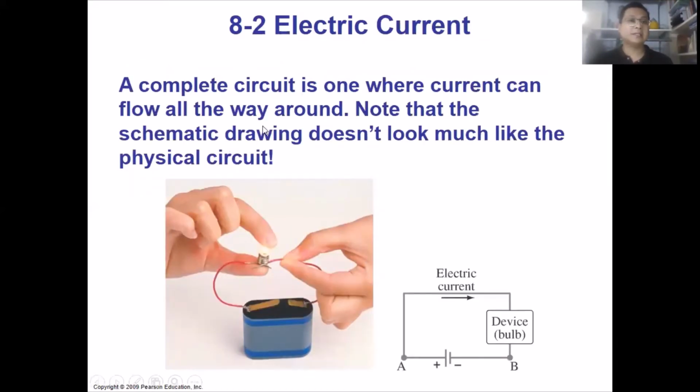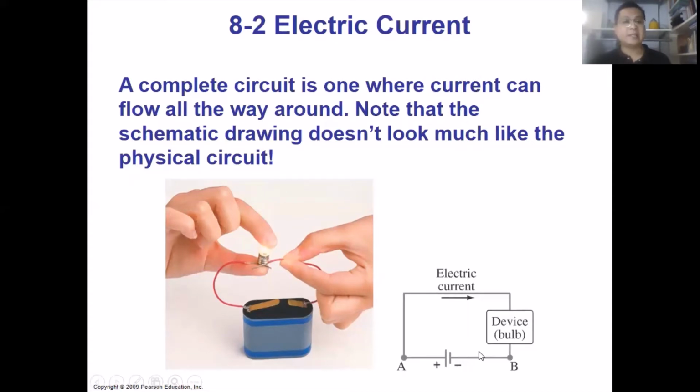For electric current, a complete circuit is one where current can flow all the way around. Note that the schematic drawing doesn't look much like the physical circuit. Actually, a circuit is complete if there is a connection from the positive to the negative by a conductor.